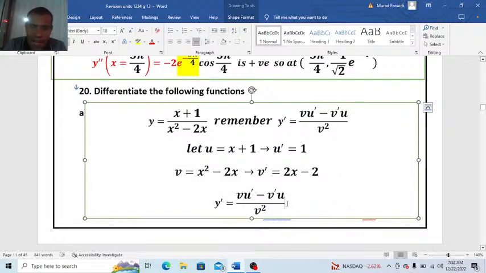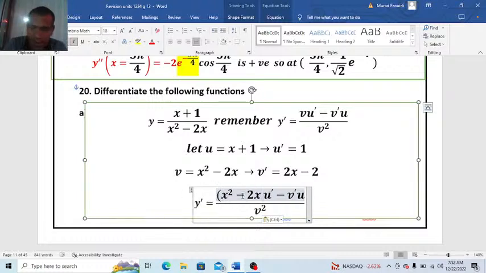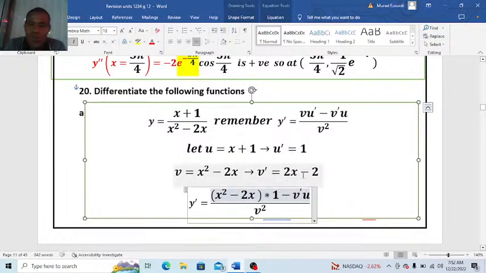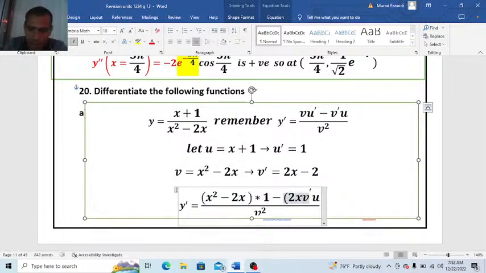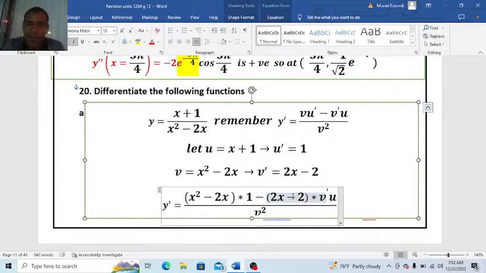Equal to v, which between parentheses is x squared, multiplied by u dash, which is 1, minus v dash, which is 2x minus 2 between parentheses, multiplied by u. U is what? It is x plus 1.